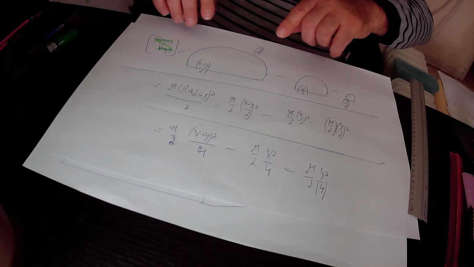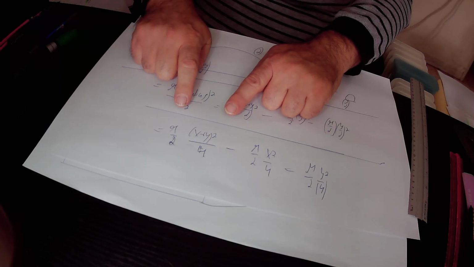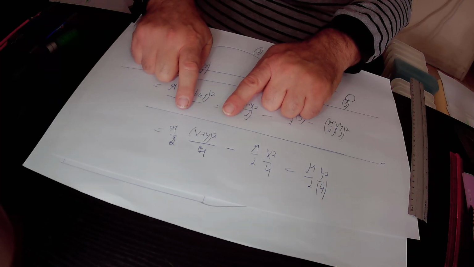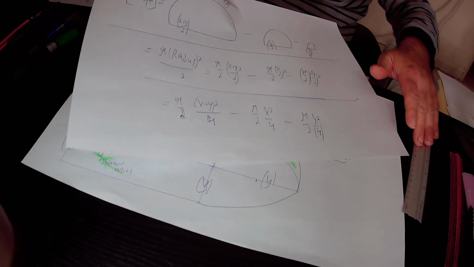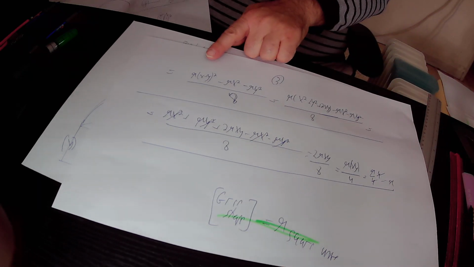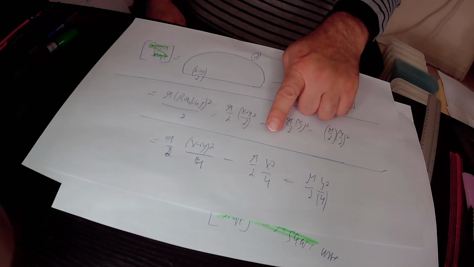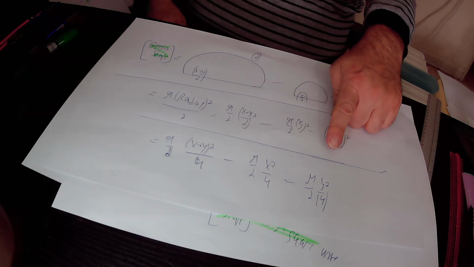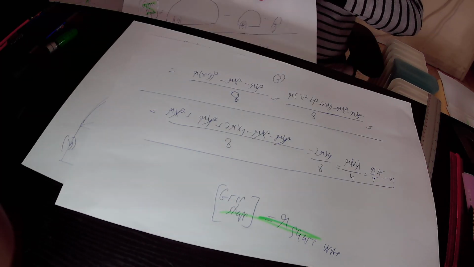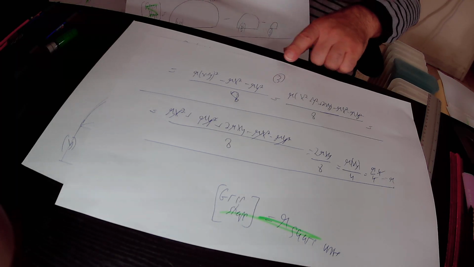After we took 8 as a common factor, we have pi times (x plus y) squared in the numerator, minus pi x squared, and minus pi y squared.